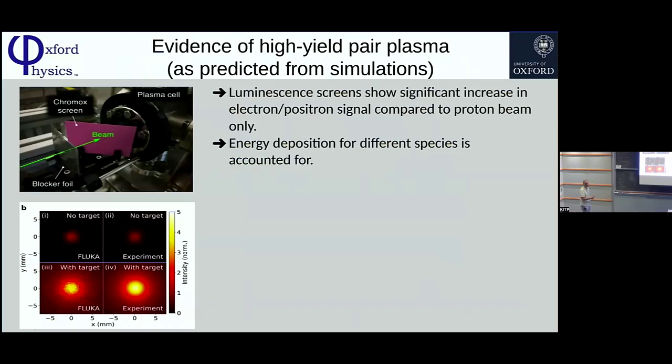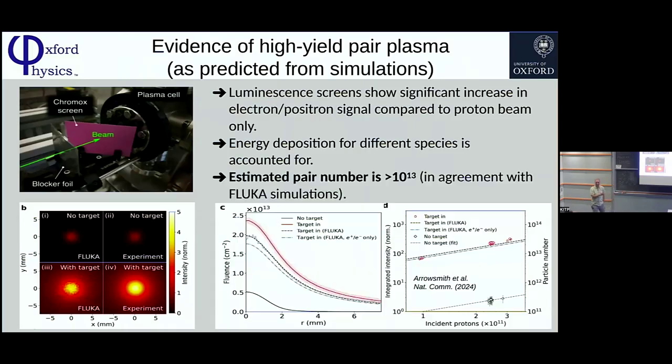These are the experiments, and these were the predictions from the simulations. And this is one of those cases, maybe the only case I had, where the experiment provides much better results than the simulations. Knowing the energy deposition for each species, we can estimate the pair number on the order of 10^13.